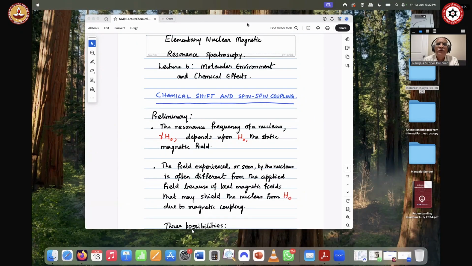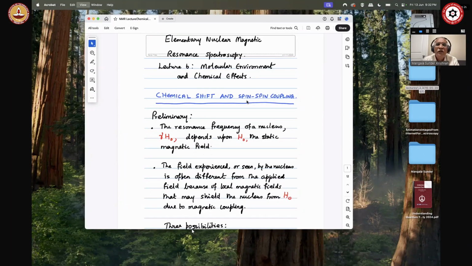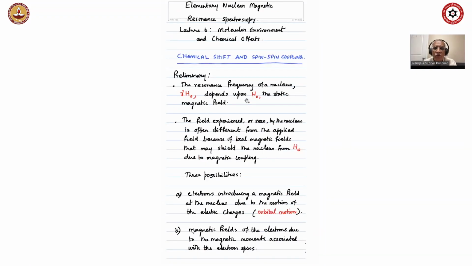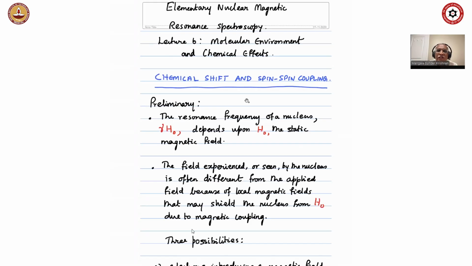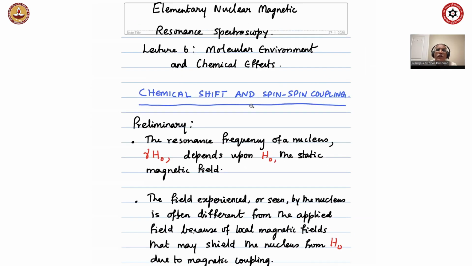Elementary nuclear magnetic resonance spectroscopy. Let me see if I can do that. Yeah, so you should be able to see the full lecture file. Yes, sir. You can see that, right? Right now. Yeah, okay, good.